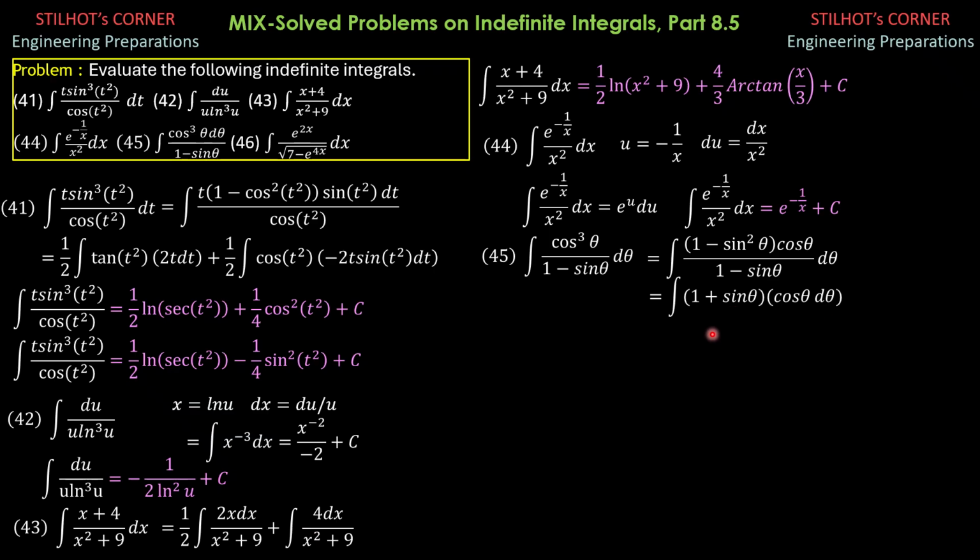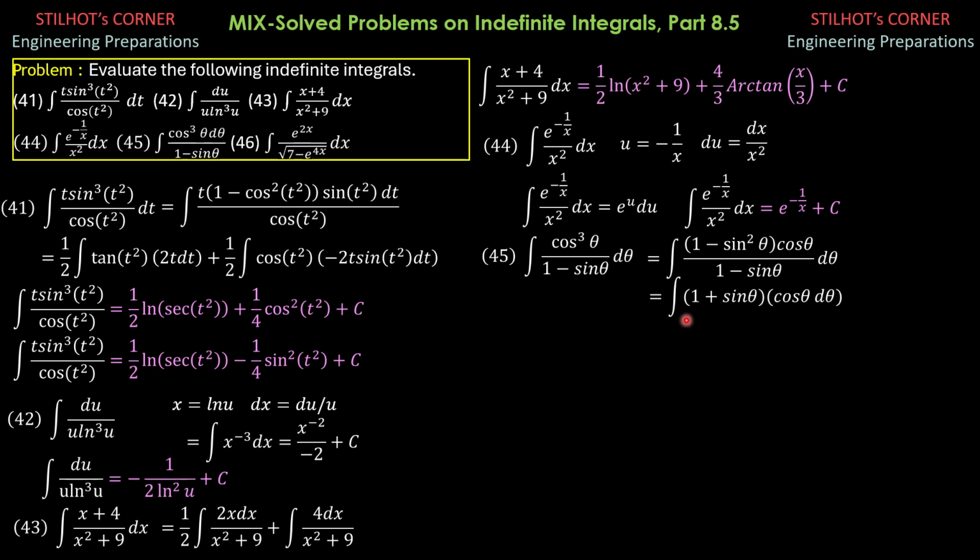So the other possible answer is sine theta plus sine squared theta over 2 plus c. And another possible answer is sine theta minus cosine squared theta over 2 plus c.